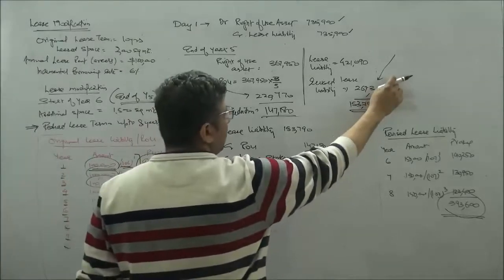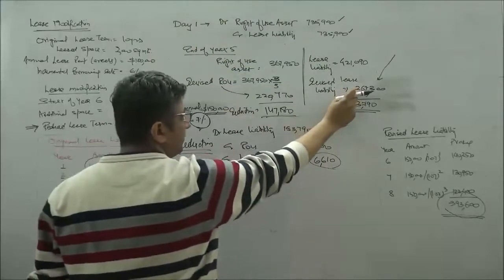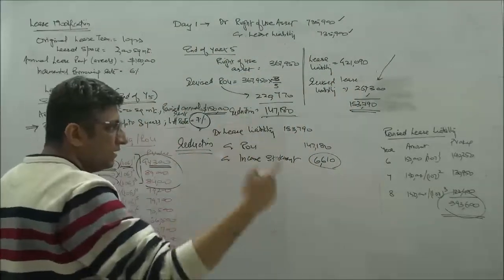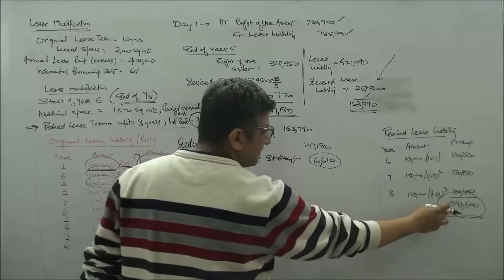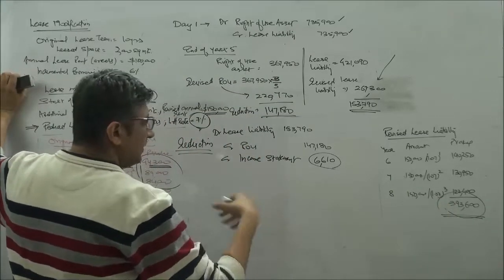Okay, now importantly, while we talked about reduction here, basis the revised liability calculation at original term, which is 267,300, my further revised lease liability comes at 393,600, which means that my liability has to be up.